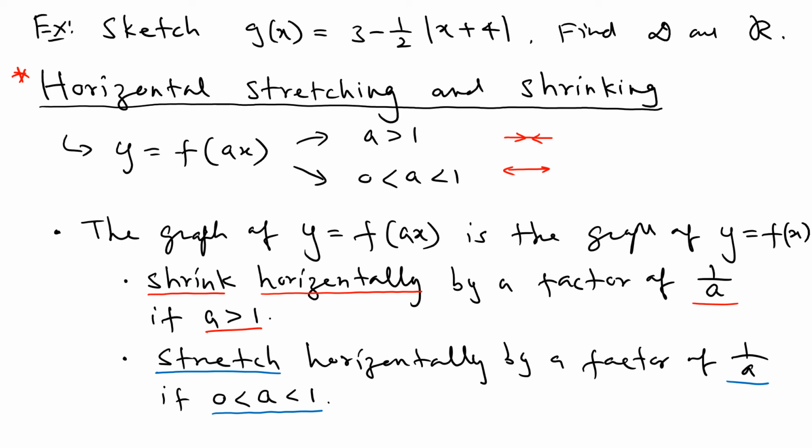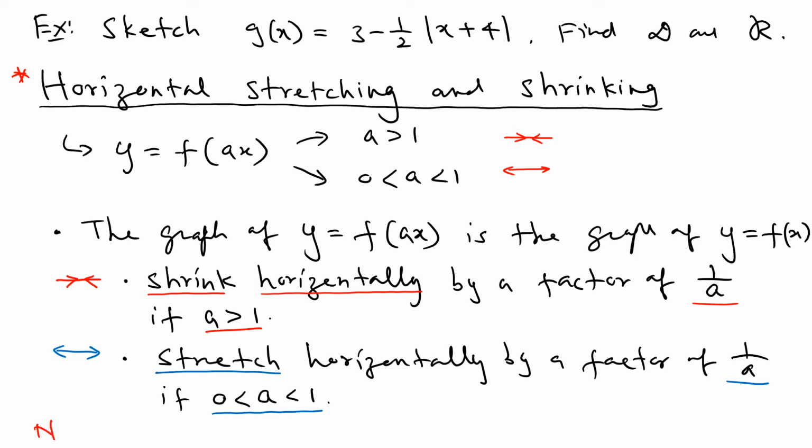In this one it's going to shrink, so we normally draw two arrows pointing inward to mean shrink. In the other case, it's going to stretch, so we draw arrows pointing outward. That's the kind of notation we're going to use in this situation. You can see it is different from vertical stretch and shrink, because exactly the opposite happens here.